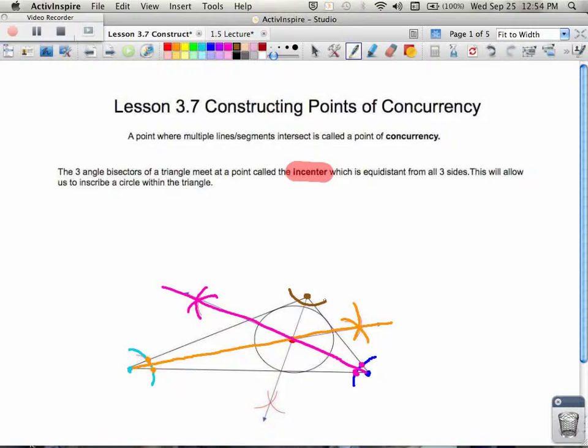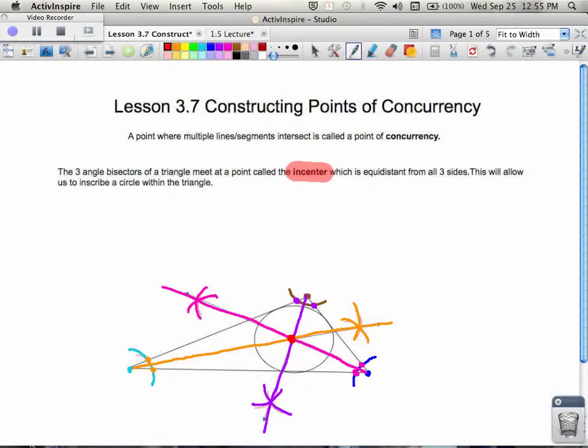From the intersection of those two spots, I'm going to take my compass point, put it on the intersection, stretch it out past the triangle, and make an arc. I do it again from the other intersection of the brown arc and the triangle, make another arc. I notice that they intersect. I connect the vertex through the arc intersections, and again, where they all meet is called the incenter.